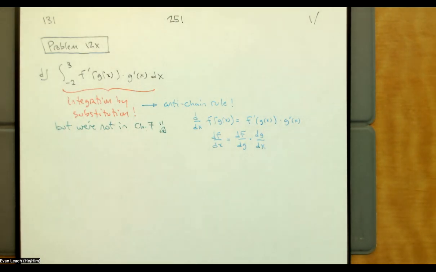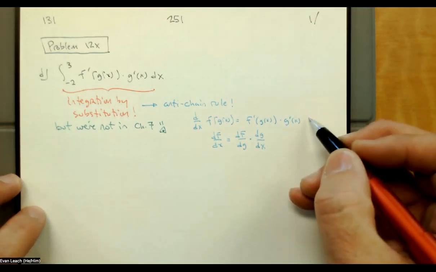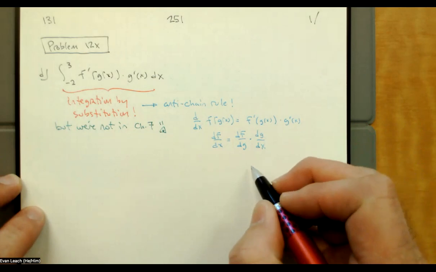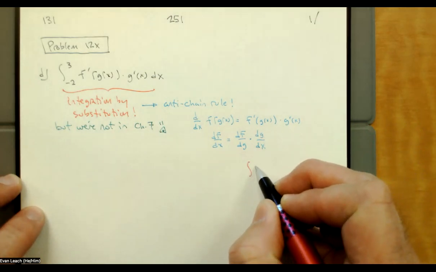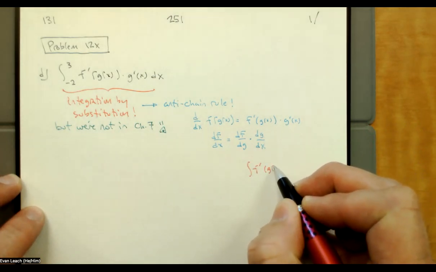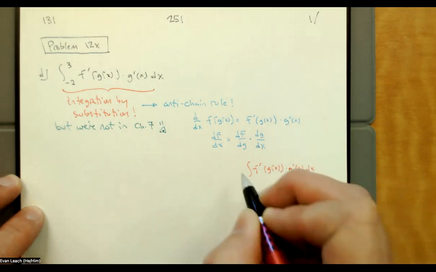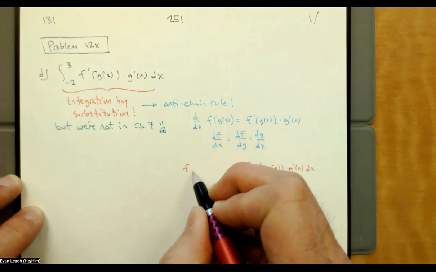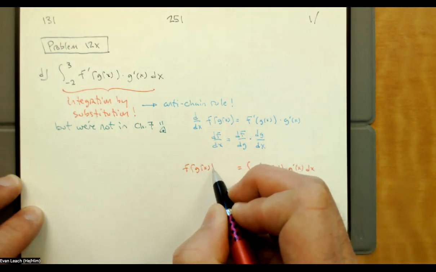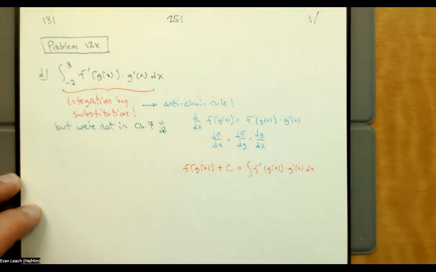So if the chain rule says the derivative of f of g of x is f prime of g of x times g prime of x, we know the relationship between differentiation and integration means we can turn this around and turn it into an integration. If we integrate f prime of g of x times g prime of x dx, that will give us f of g of x plus some constant of integration.